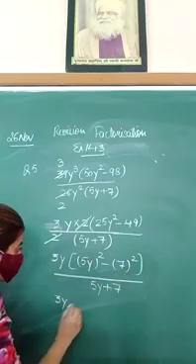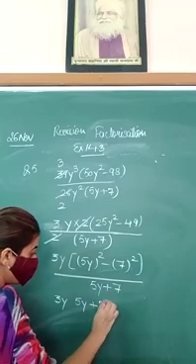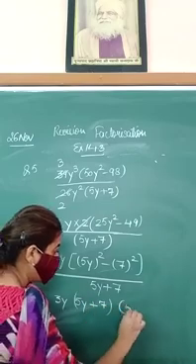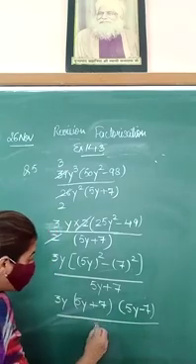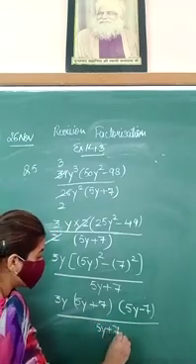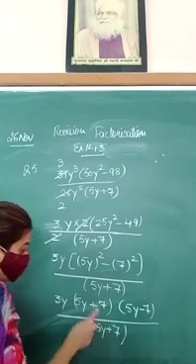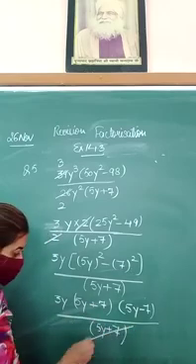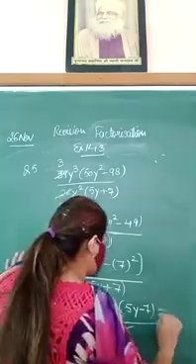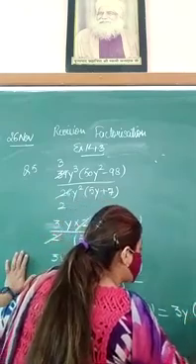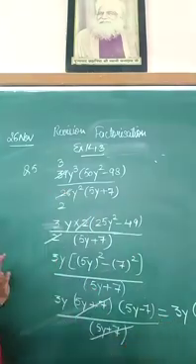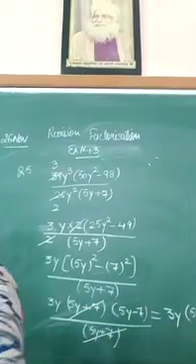This can be written as a plus b, a minus b. And in the denominator you have 5y plus 7 in the bracket, and these two terms are exactly the same, so they will cancel out, and we are left with 3y into 5y minus 7. So this is your answer.